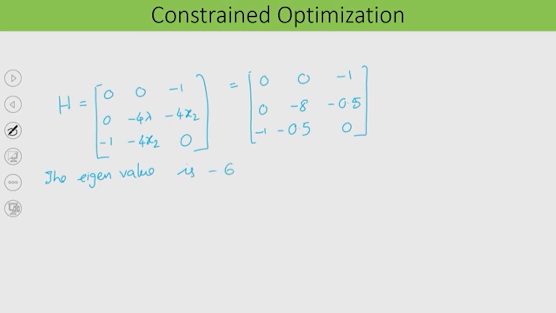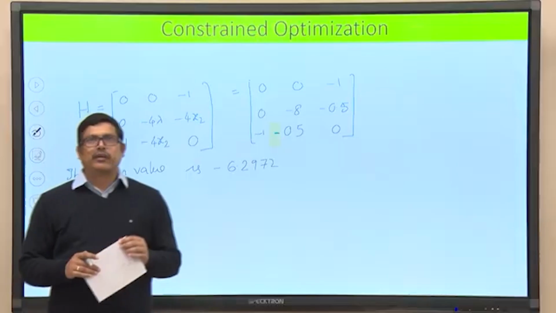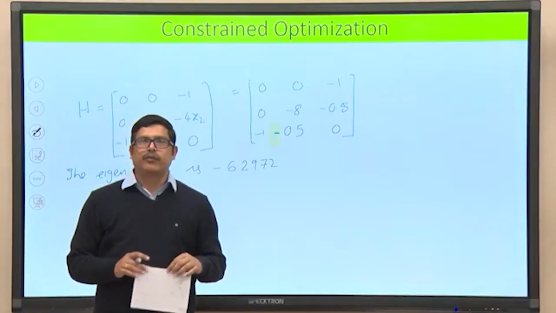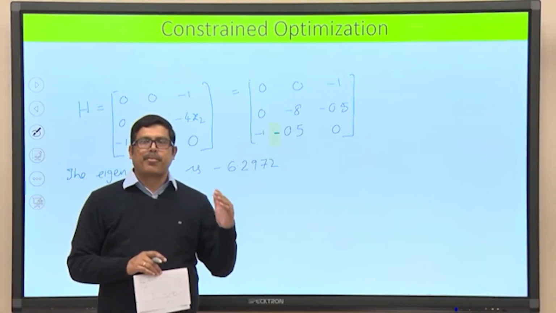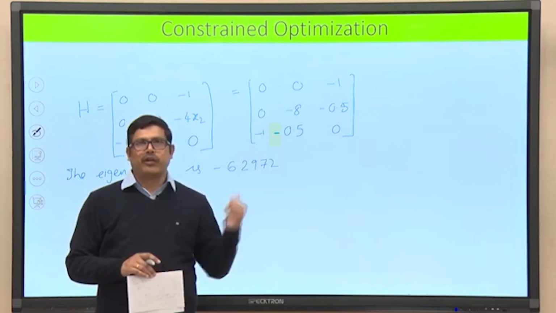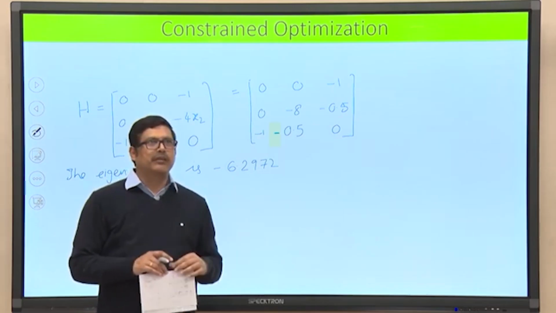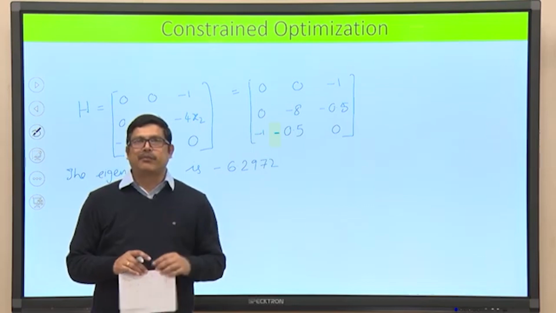minus 6.2972. So, therefore, this is a negative definite matrix and whatever solution you are getting, that is a maximum point. So, the eigenvalue is negative. So, the optimal solution whatever we have got, that is your maximum point.